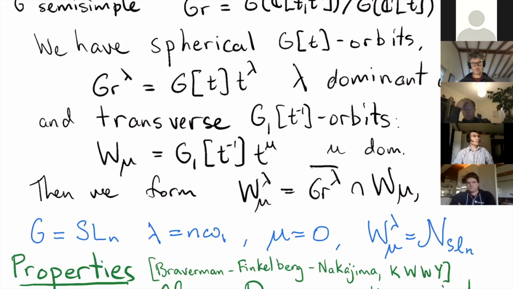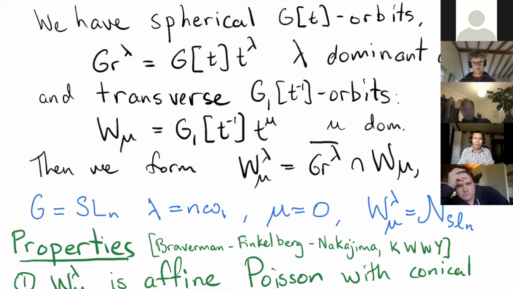I think this example was first observed by Lusztig. So these will be some generalizations of nilpotent cones of SL_N. You can't get nilpotent cones of other groups this way, but you can get some nilpotent orbit closures in other algebras, but not the full nilpotent cone.